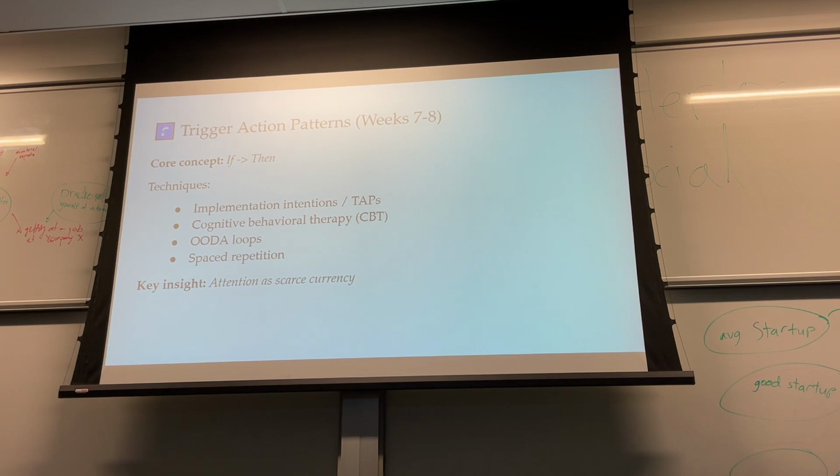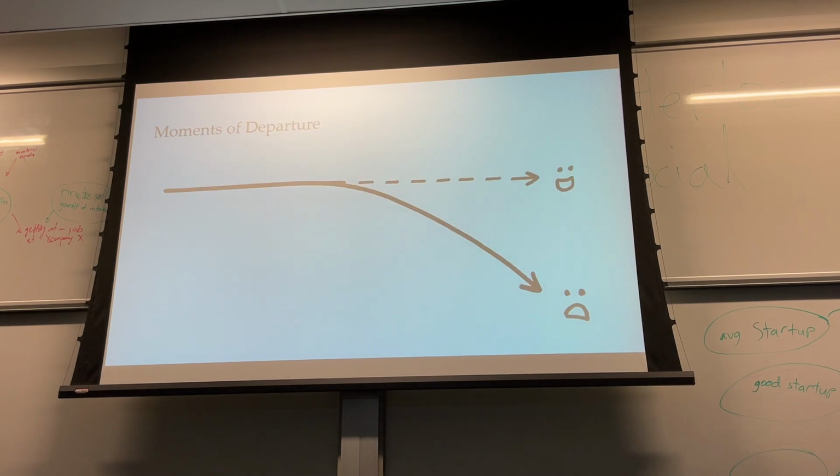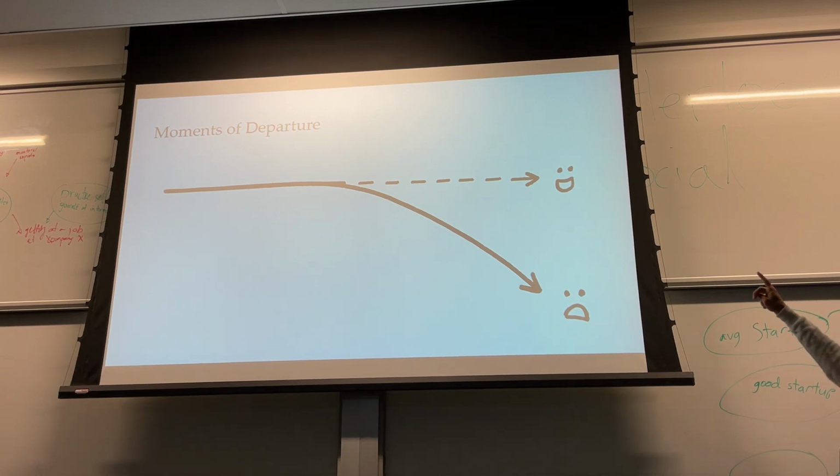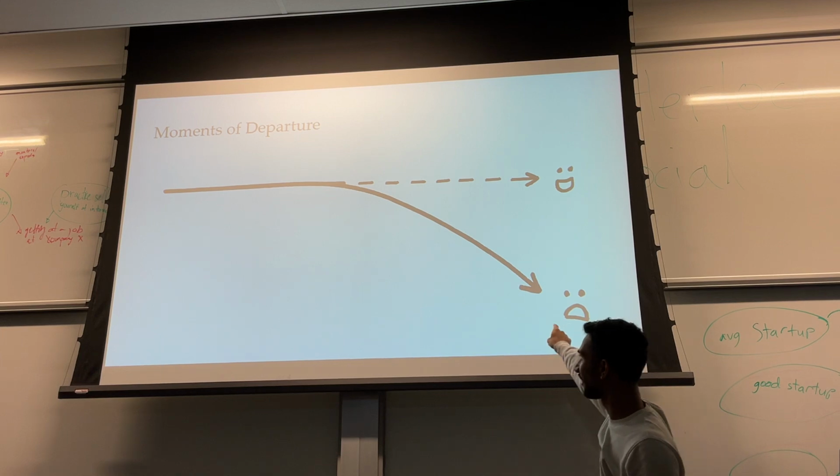Implementation intentions, right? Let's think of some examples of those. The reason implementation intentions are important is because they help us stay on track with our goals. Up here, the dotted line is the happy outcome, but the actual line is an unhappy outcome.